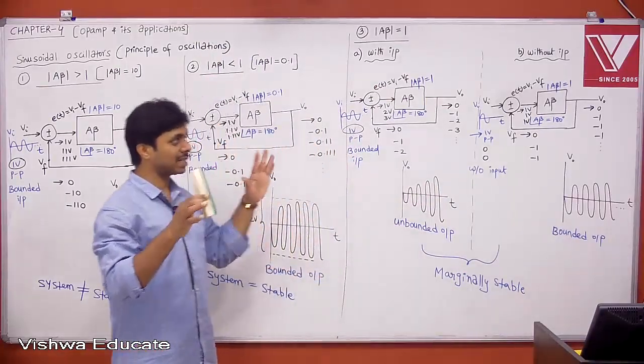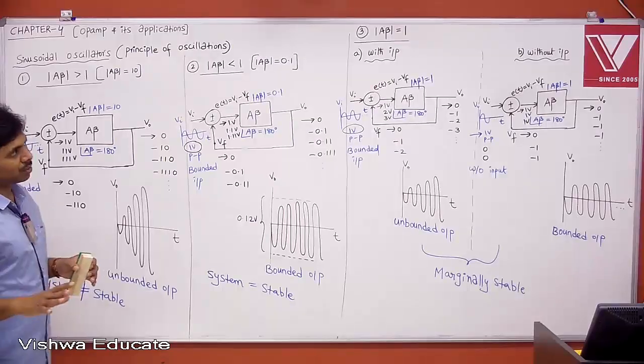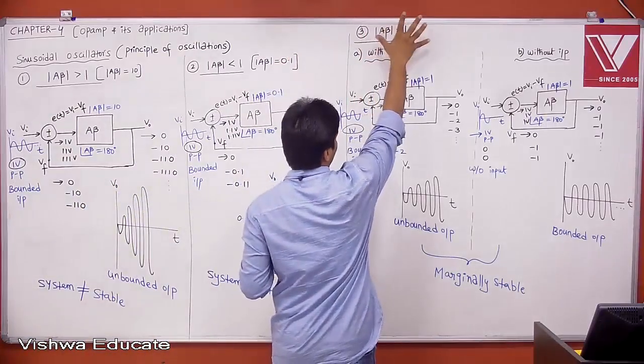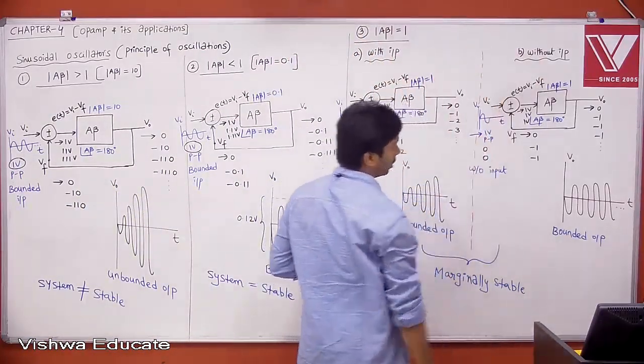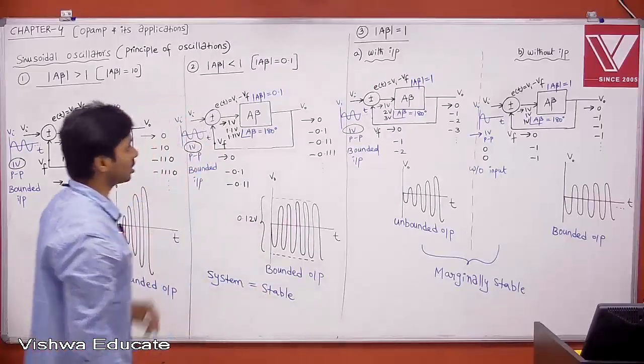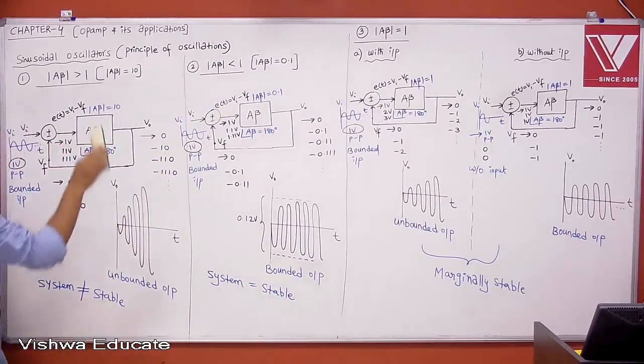I'm going to give you the practical considerations also, but I'm going to consider case 3, mod A beta equal to 1 and without input. I'm going to explain the principle of oscillations. Okay. Let me consider the case 3B.